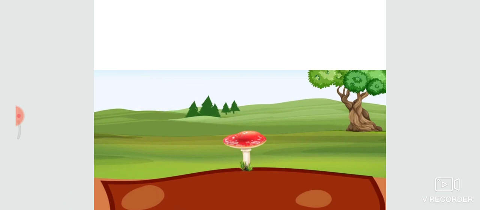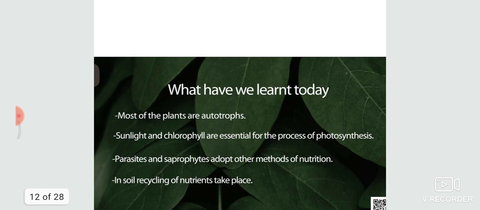Children, now tell me again, what have you learned today? We are talking about what we have learned in this whole chapter. First of all, most plants are autotrophic, which means they prepare their food by themselves. Second, sunlight and chlorophyll are essential for the process of photosynthesis, as you all know.